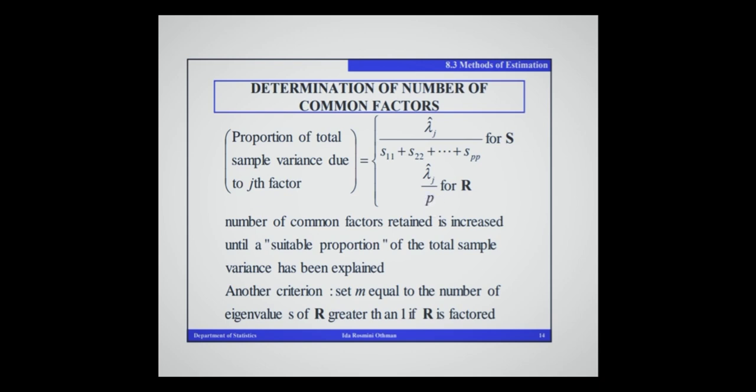So remember macam mana you nak conclude how many factor that can we choose from the proportion of the total sample variance. You can check untuk setiap factor. Maksudnya kat sini akan you boleh create untuk lambda 1, lambda 2 kan. Ataupun you can calculate untuk first 2, first 3, first 4.